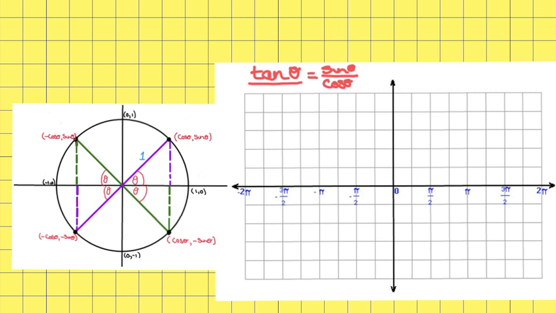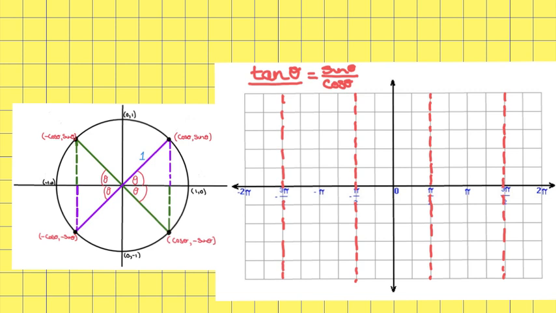So at pi over 2 and at 3 pi over 2, we have an asymptote. And if you go in the negative direction at minus pi over 2 and at minus 3 pi over 2, you also have an asymptote.